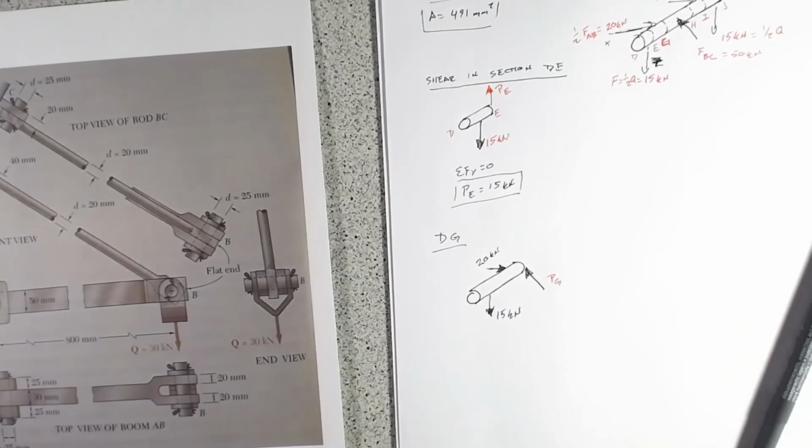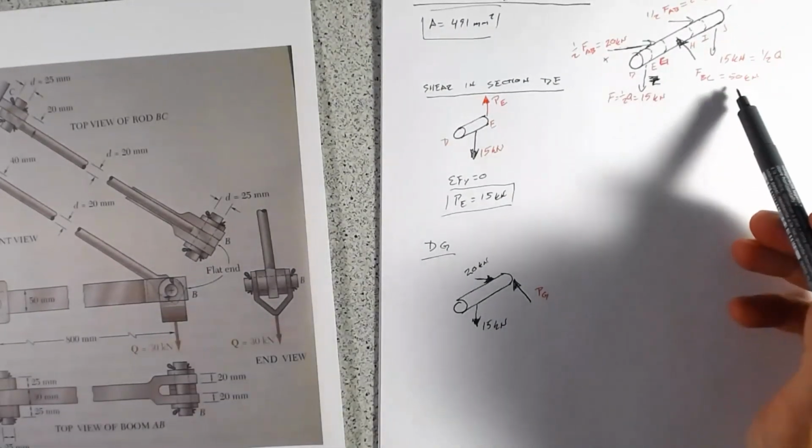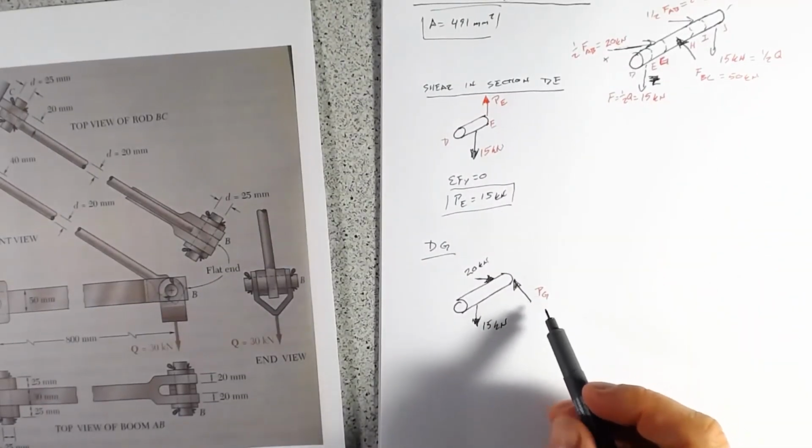The observant ones of you might have figured out that PG is going to be 25 kilonewtons.